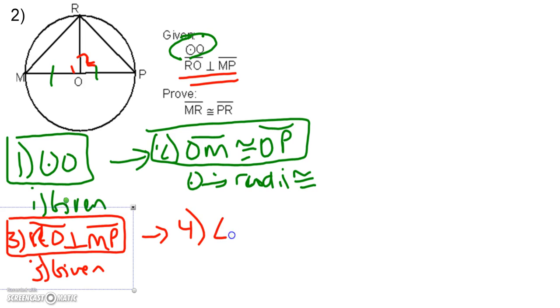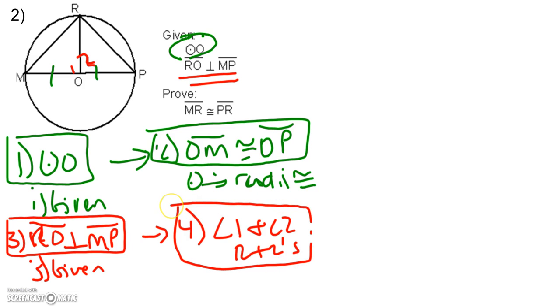And then we can say that angle 1 and angle 2 are right angles. The perpendicular leads us to the right angles. That is not a congruent statement. We still need to get the congruent statement. So after that, we can say that angles 1 and 2 are congruent to each other.